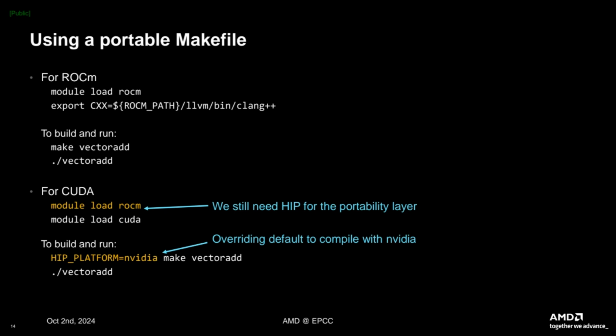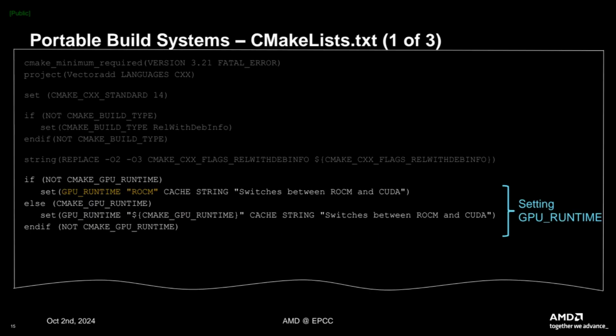For CMake, the process is a little bit more involved, and it starts with setting the GPU runtime to ROCm, for instance. And something else that's relevant for CMake, and I'm not going to go through all the details, but you have them in the slide, is setting the language with enable_language to the desired GPU runtime.